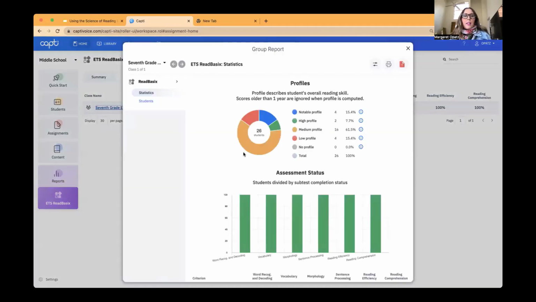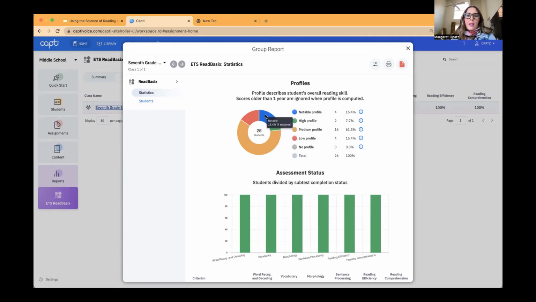When I click on my class, I now see students and their profiles, which are based on their performance across the 6 subtests.